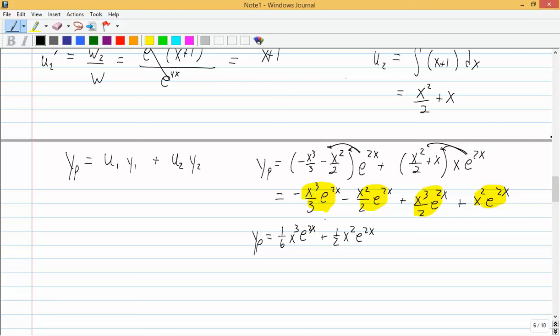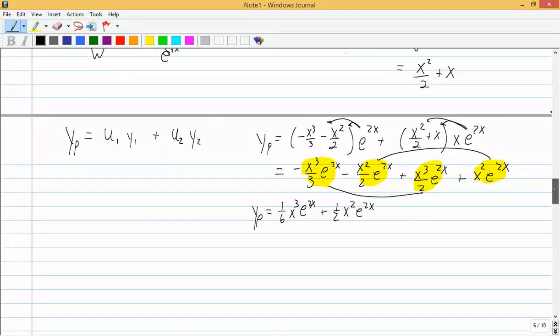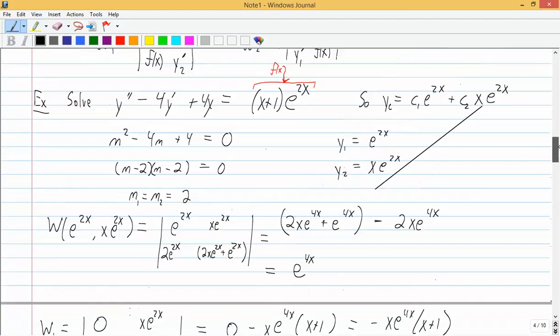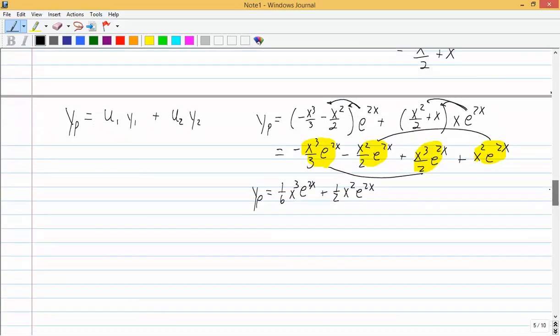Whenever you put these two together and you put these two together, that's what you get. So we've solved for y sub c and we've solved for y sub p. So guess what? We have a general solution. And this is where we will end.